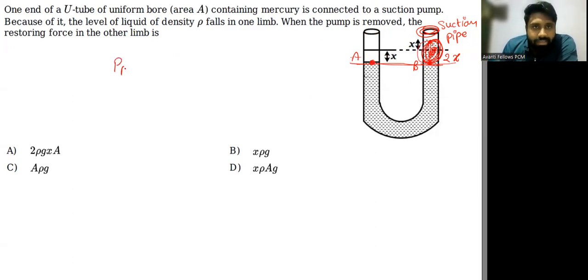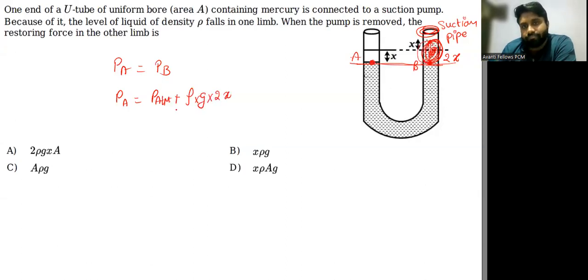So PA is equal to PB. PA here is only P atmospheric, equal to PB. PB is nothing but P atmospheric plus rho g, rho of mercury into gravitational acceleration multiplied by the height.